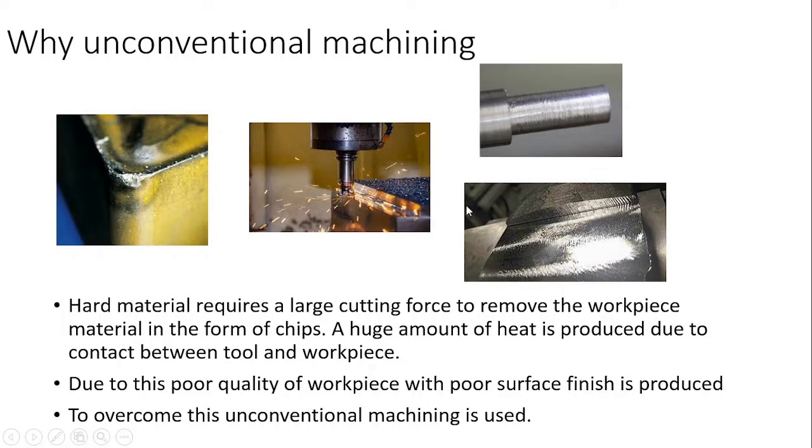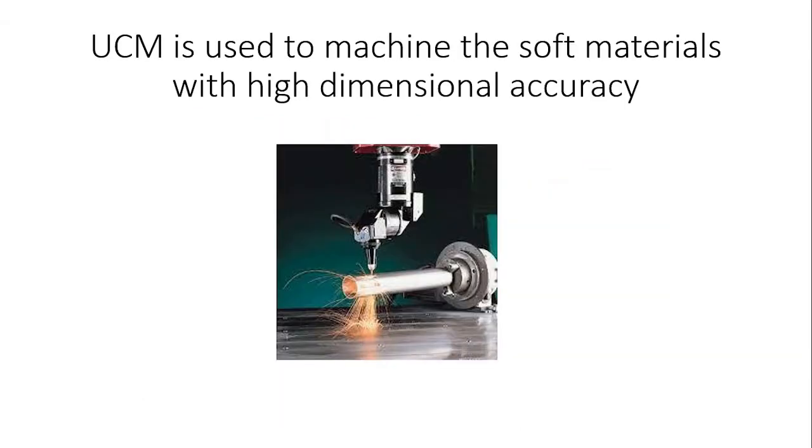So these are all the difficulties available with the conventional machining process in our manufacturing laboratory and also manufacturing industries. So to overcome these kinds of difficulties, we utilize unconventional machining processes. So generally UCM, which means unconventional machining, is used to machine the soft materials with high dimensional accuracy.